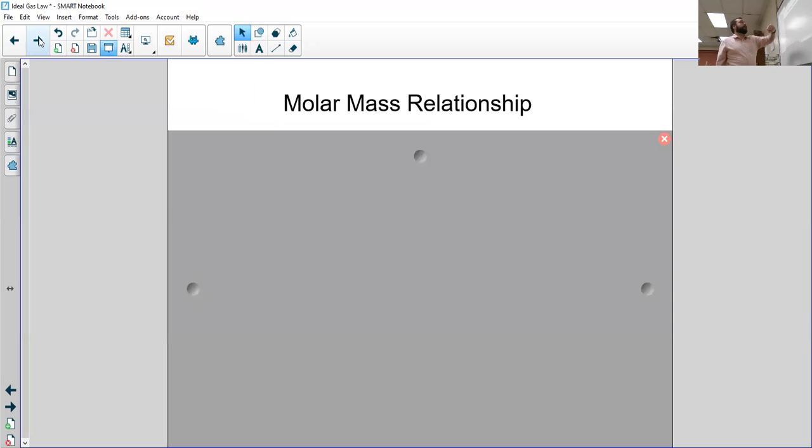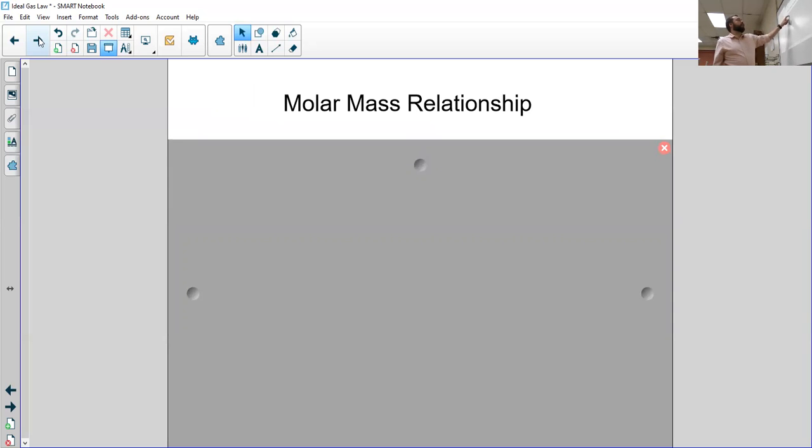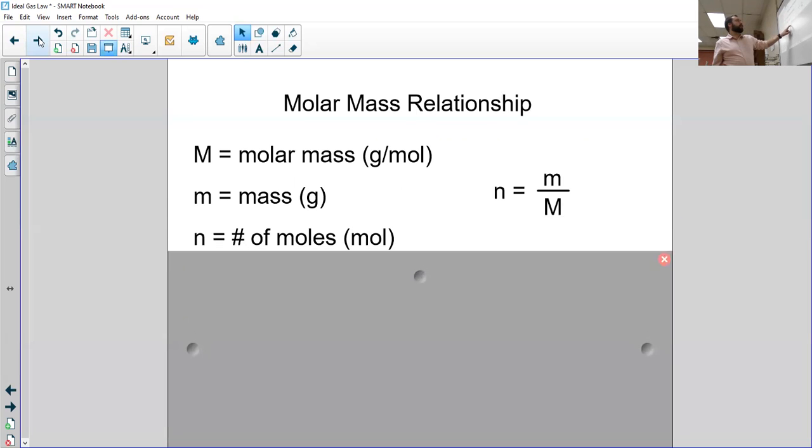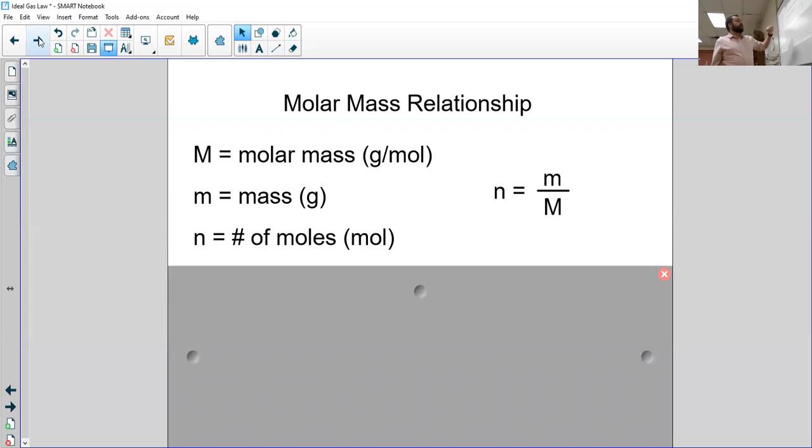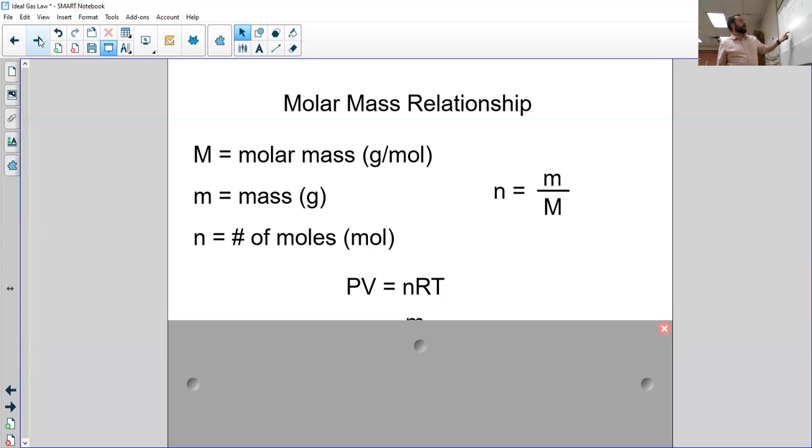So next thing we're going to talk about is the molar mass relationship. Molar mass is equal to grams per mole. Mass is m in grams, n is the number of moles. So the number of moles is equal to the mass divided by the molar mass. So n is in our equation, so we can substitute. We have PV equals nRT.